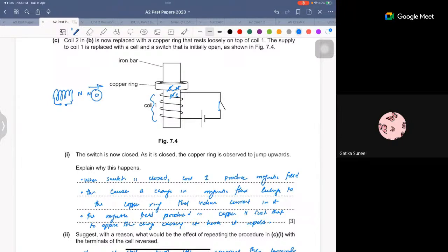Now if this was positive, negative, and you repeat this by putting negative here and positive here, it will create south here. So it will create south to repel. Because Lenz's law says whatever the change is, it has to oppose it. So no matter what you do, it will repel. You understand? Yes, sir. Okay.